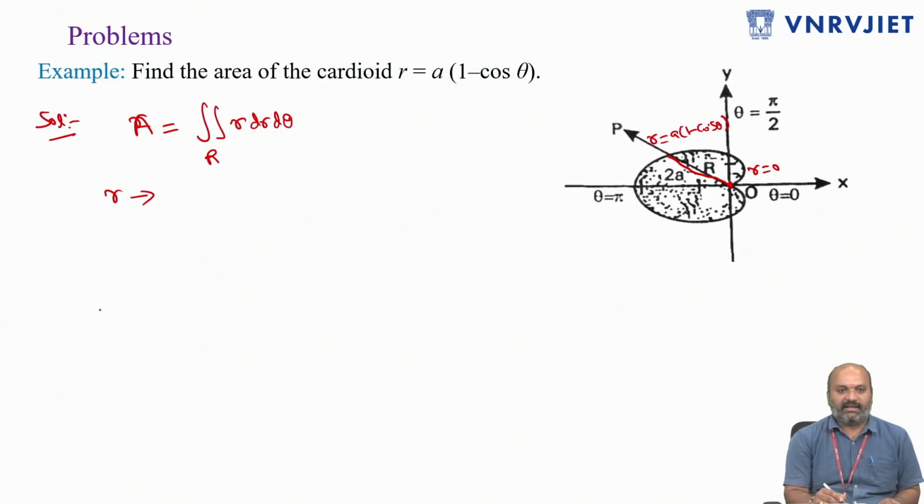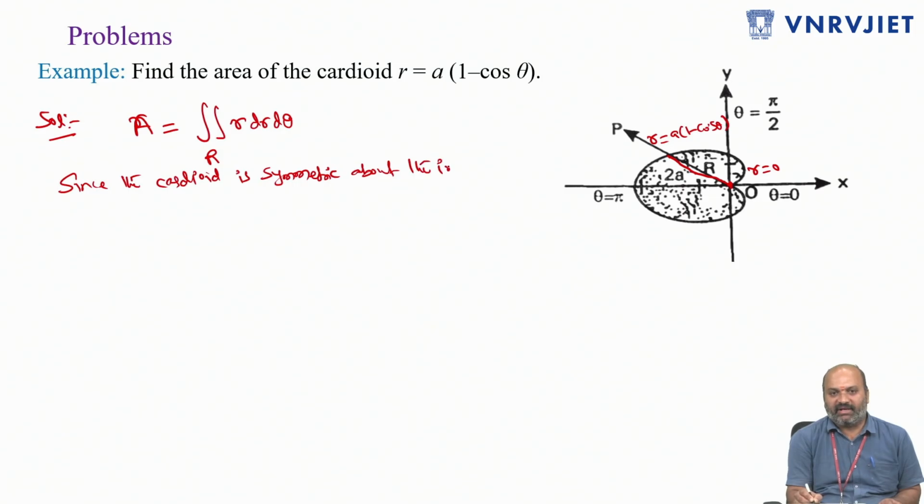Since the cardioid is symmetric about the initial line, therefore area equals 2 times the double integral over the area above the initial line.